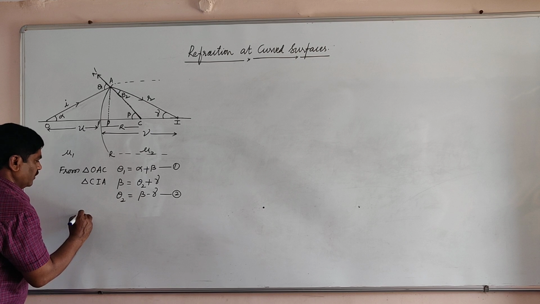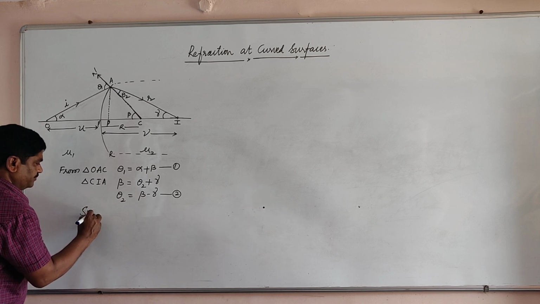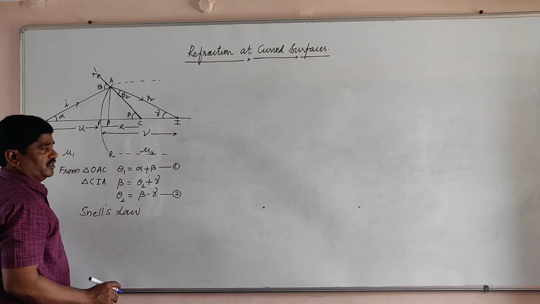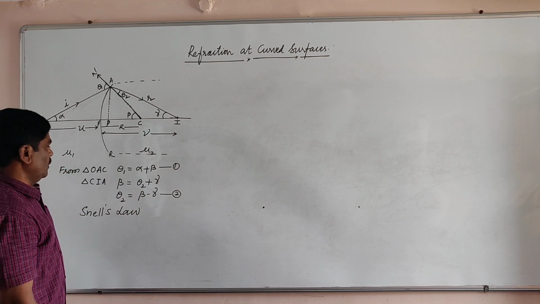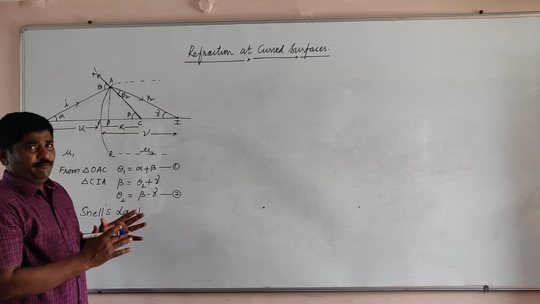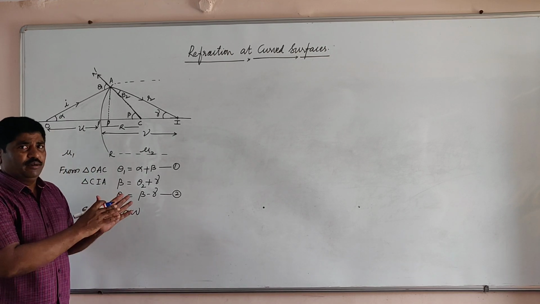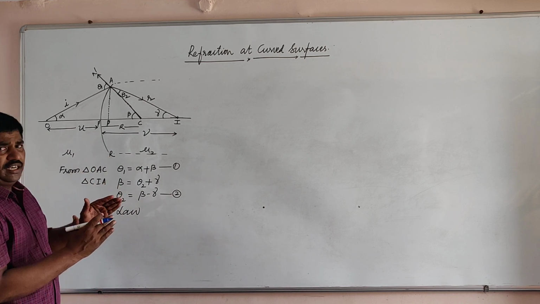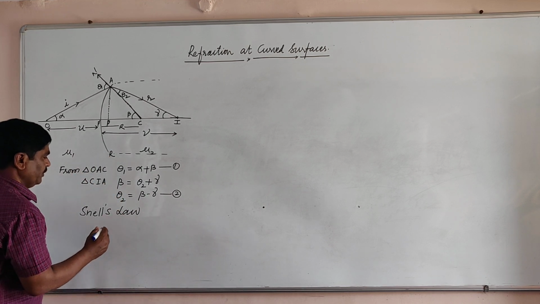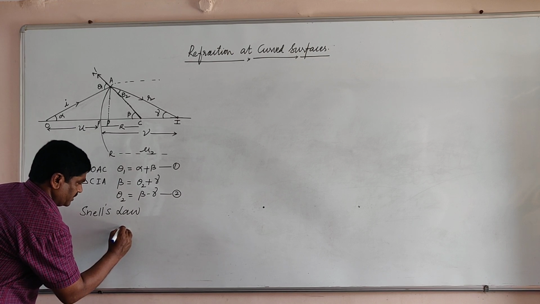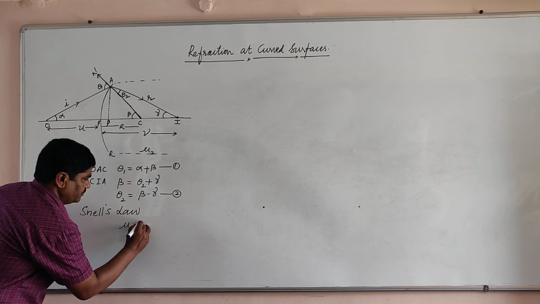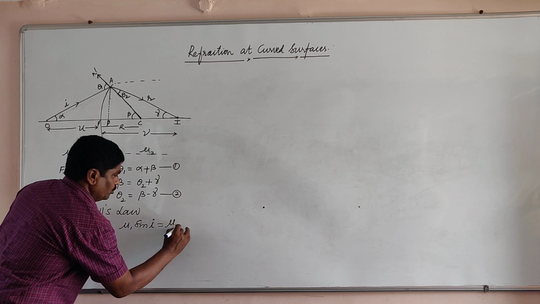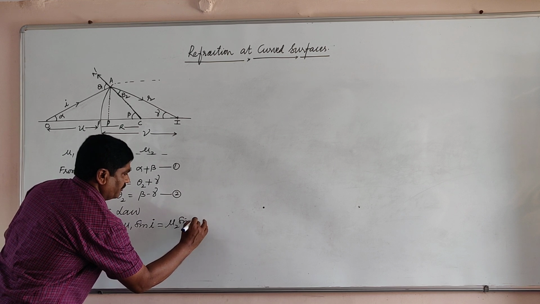Now we know Snell's law. According to the principle of refraction, when a light ray goes from one medium to another, the normal divides the plane so that the incident ray and the refracted ray lie on either side. So we can write mu1 sine of the angle of incidence equals mu2 sine of the angle of refraction.